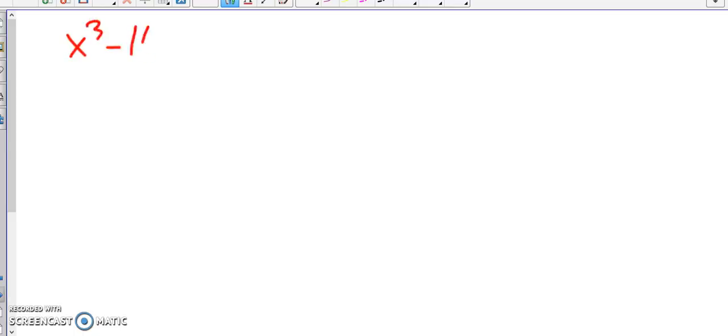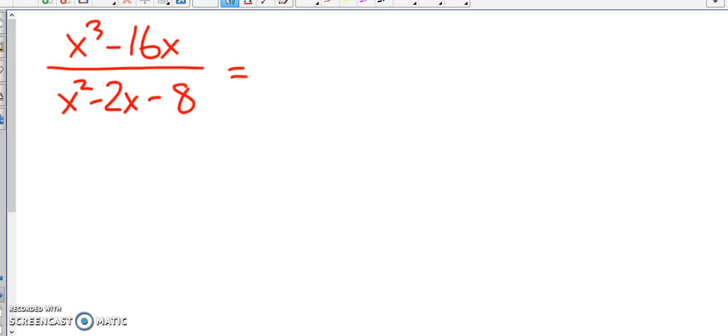x cubed minus 16x over x squared minus 2x minus 8. As you can see, there's going to be a lot of factoring involved.